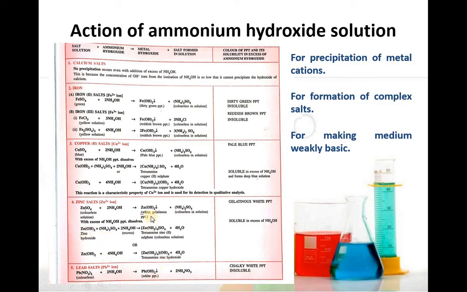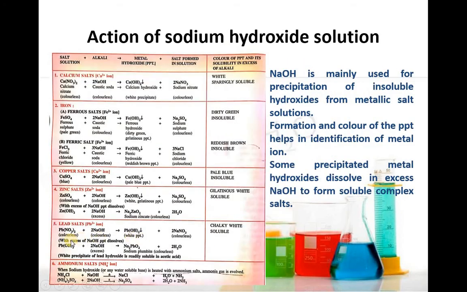Now if you want to differentiate between zinc and lead salts, you can use excess ammonium hydroxide. With sodium hydroxide, the reaction of zinc sulfate gives zinc hydroxide, and lead nitrate gives lead hydroxide.